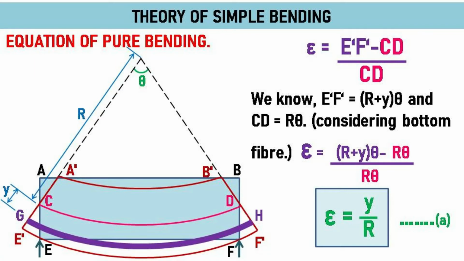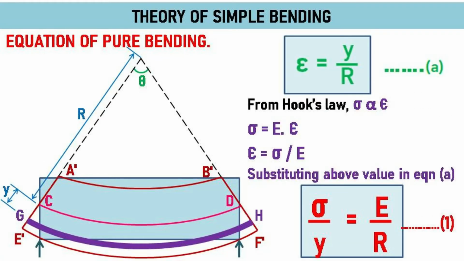Substituting these values, we get epsilon is equal to ((r plus y) times theta minus r times theta) divided by r times theta. By simplifying we get epsilon is equal to y by r. This is taken as equation A.